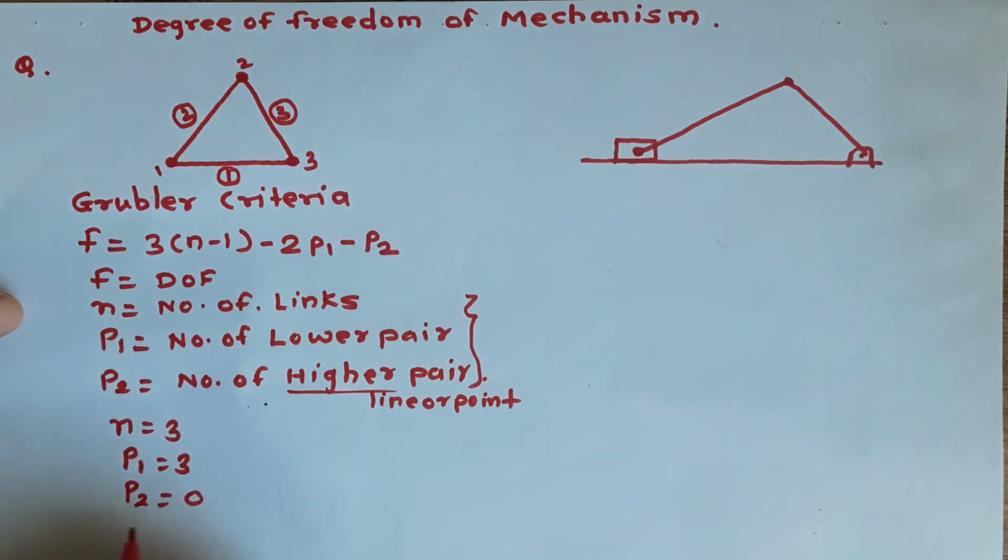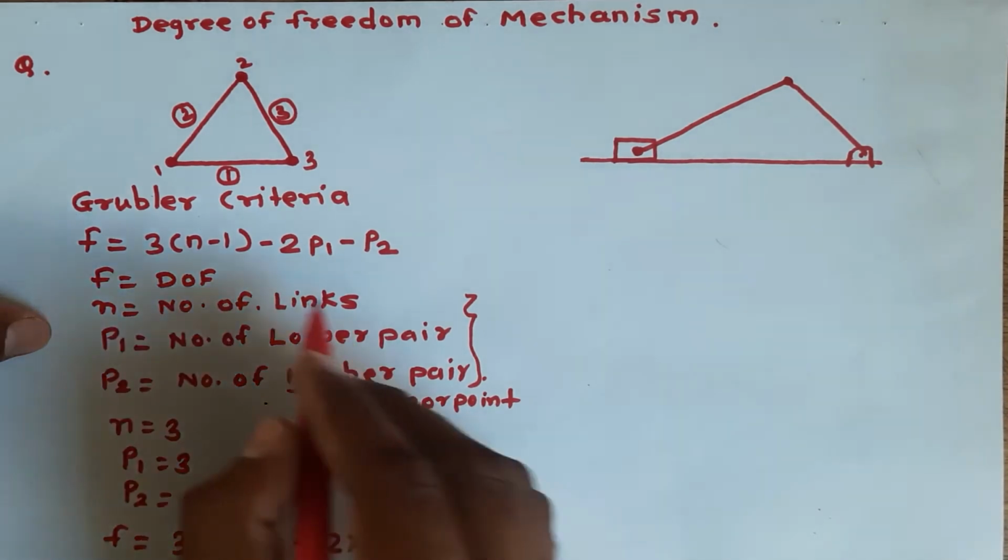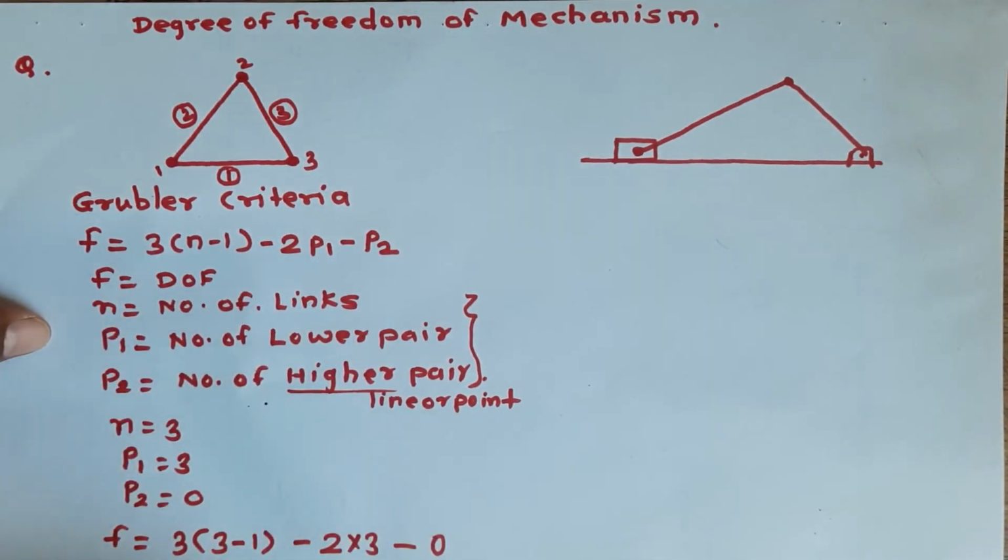Now we can find F is equal to 3n minus 1, with the number of links 3, minus 1, minus 2 P1, where the number of lower pairs is 3, and the number of higher pairs is 0.